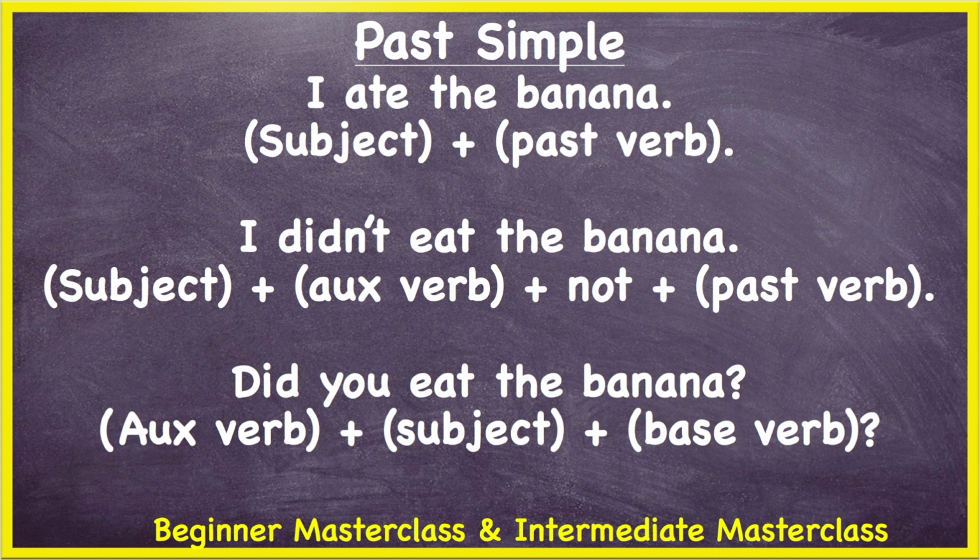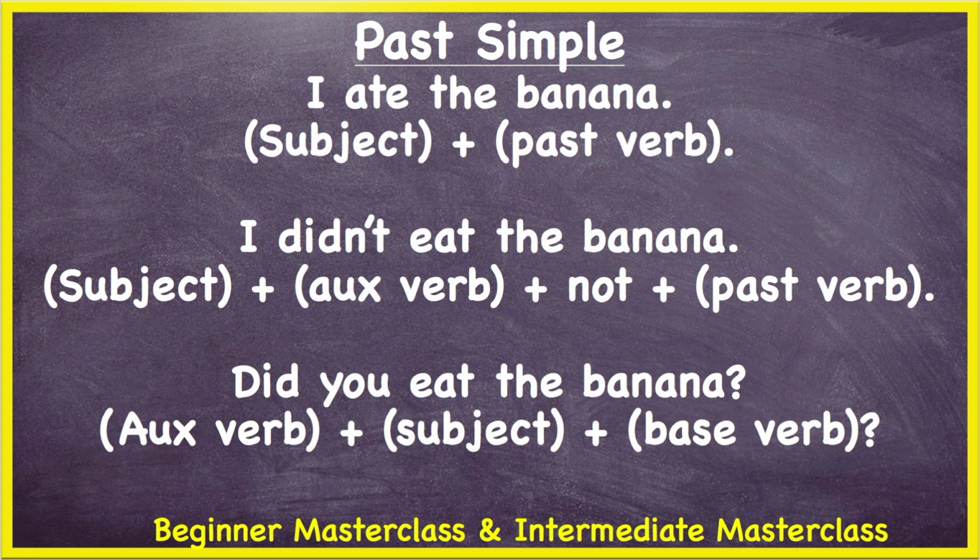Note that we do not use the past tense verb here. We do not say, did you ate? And why not? Well, because the auxiliary verb is the first verb that is used. And when we're talking in the past tense, it's always the first verb in the sentence that is in the past tense.